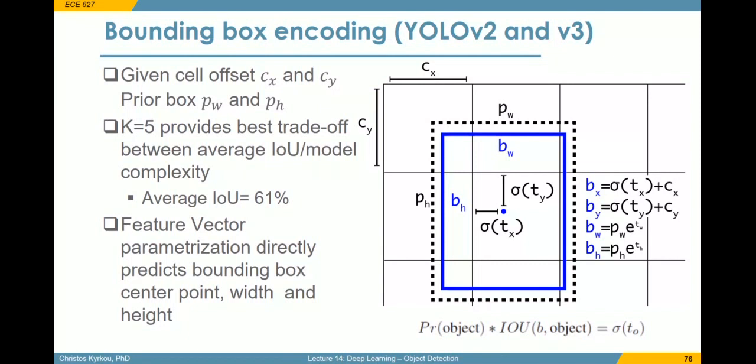This helped them to increase the effective range that they could work with. So overall, this parameterization and this mapping with the anchor boxes allows direct prediction of all the bounding box information in a single pass.